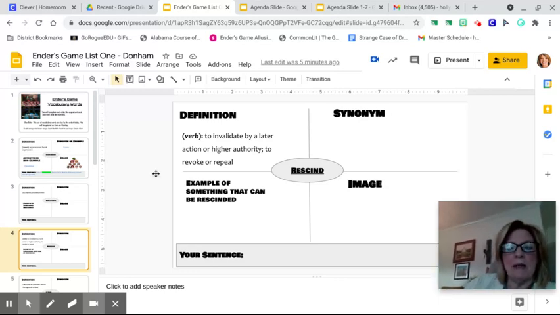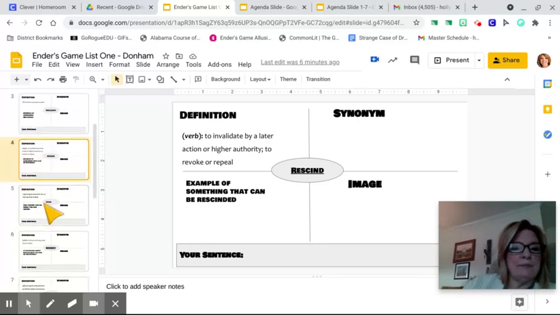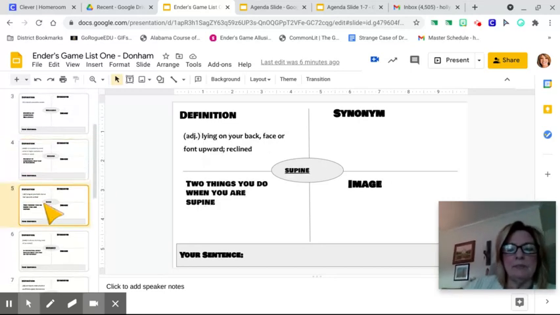Okay? And then over here, you're going to type in an example of something that can be rescinded. What is something that could be rescinded? And then grab your image and write your sentence. The next word is supine, or some people may pronounce it differently.